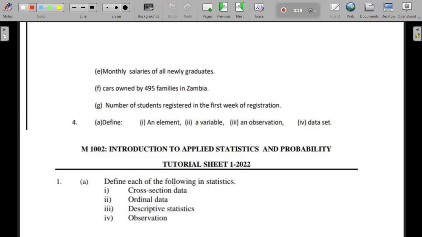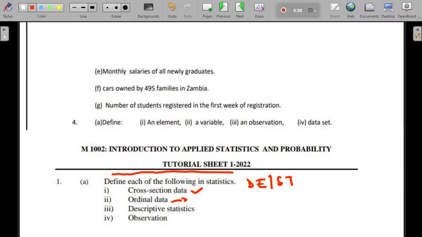Here now we have an addition of questions. They're saying define the following in statistics. We have cross-sectional data. We said it is data collected on different elements at the same time. What is ordinal data?